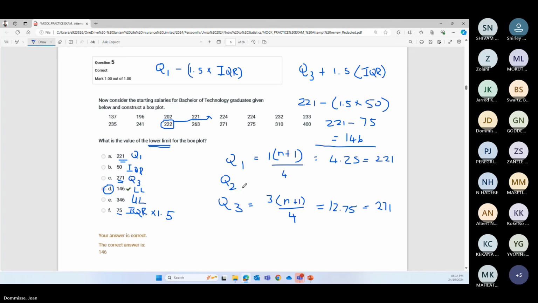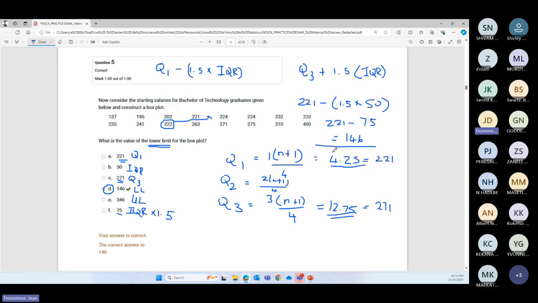Q2 is 2 times (n plus 1) divided by 4. And then Q3. And then just remember that we round it off if there are decimals.